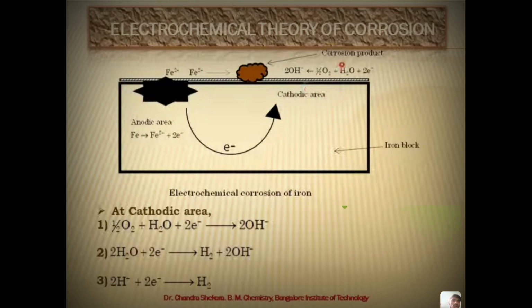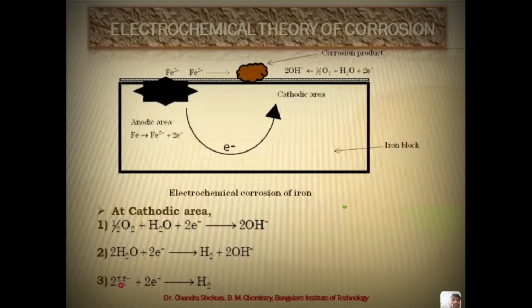The electrons which are liberated during oxidation of Fe to Fe2+ at the anodic area flow towards the cathodic area. And the reaction that occurs at the cathodic area is reduction. Metal is already in the reduced form, therefore it cannot be reduced further. Therefore, at the cathodic area, the metal remains unaffected. It does not undergo any chemical reaction.